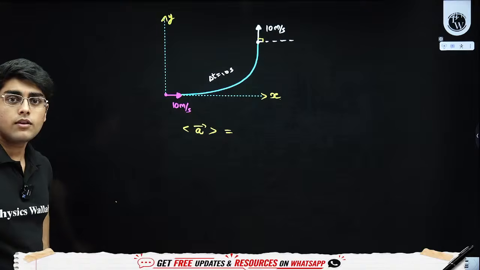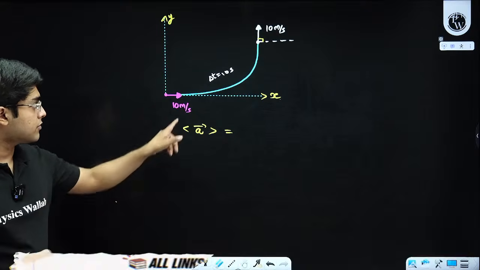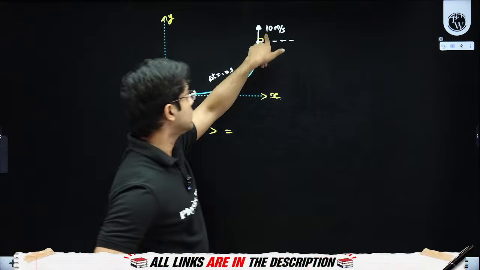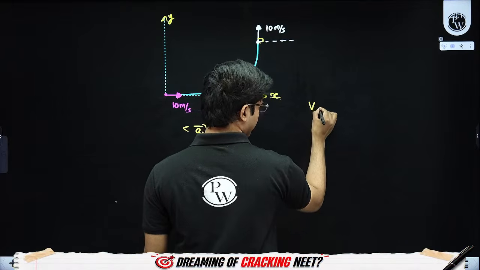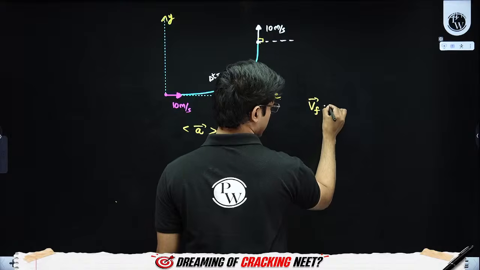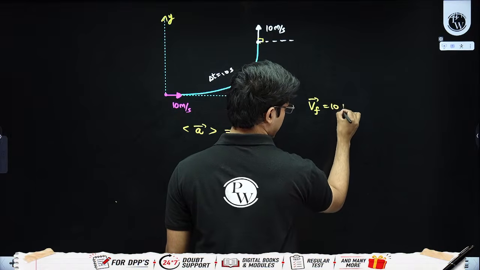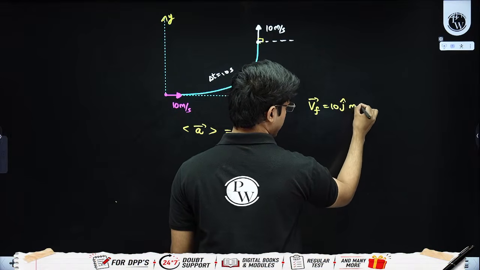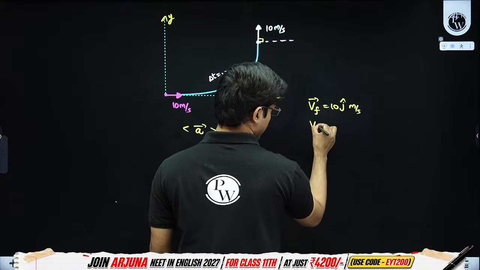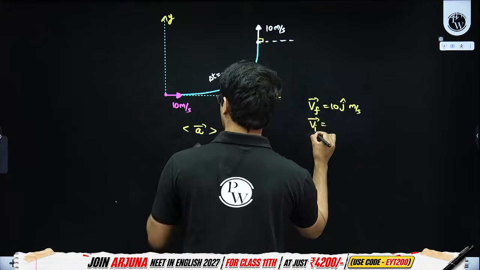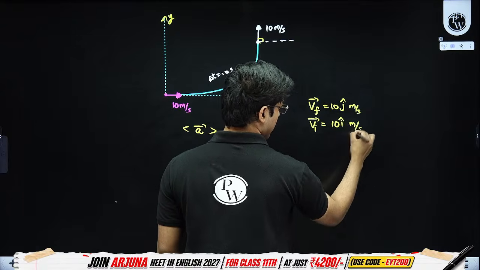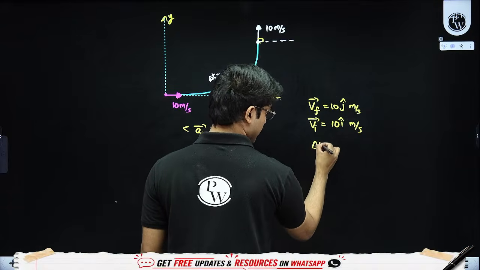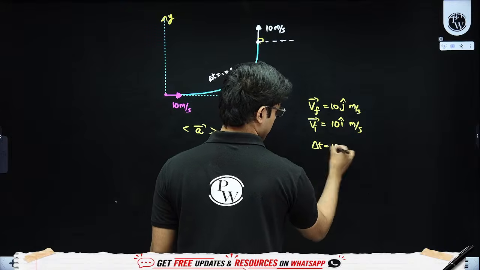So here, what is the final velocity vector? This 10 meters per second along the j cap, right? So v final is 10j, and initial velocity is 10i. What is the time duration? 10 seconds.